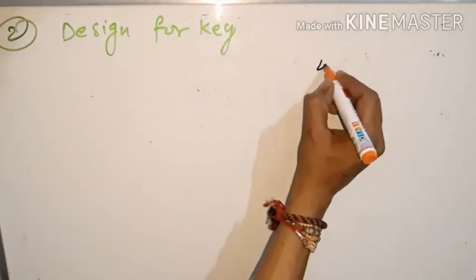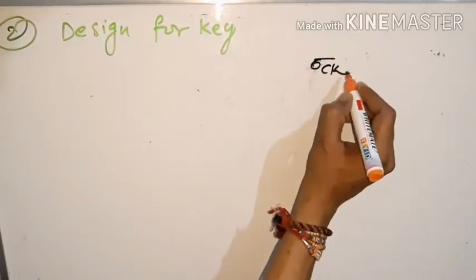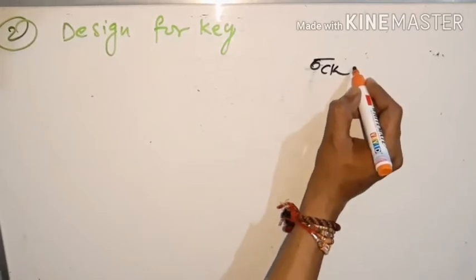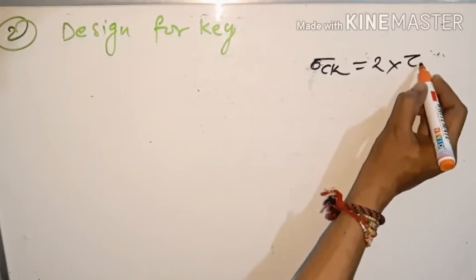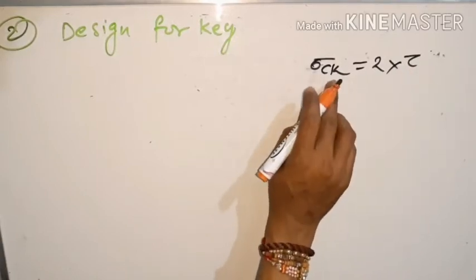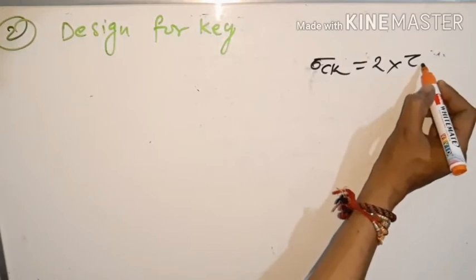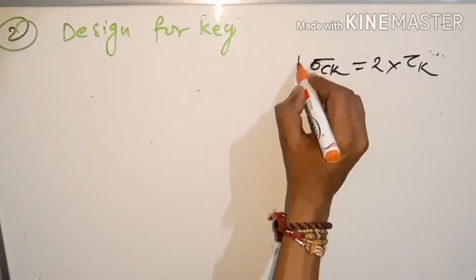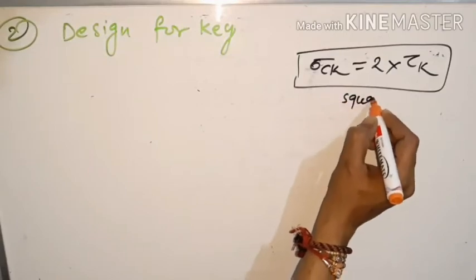Why? Because the crushing stress for key, sigma ck, is twice of the shear stress for key. So for this reason we use a square key.